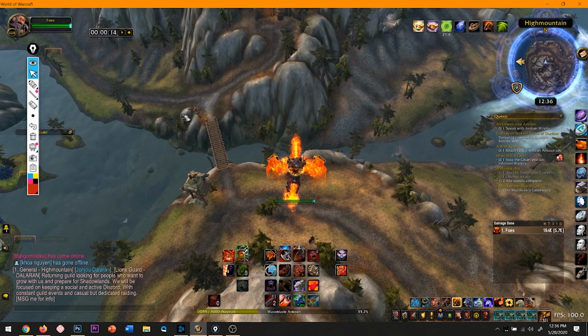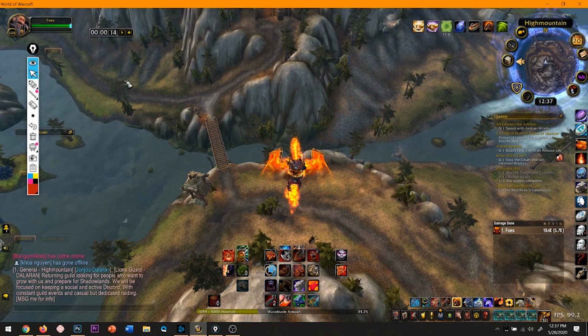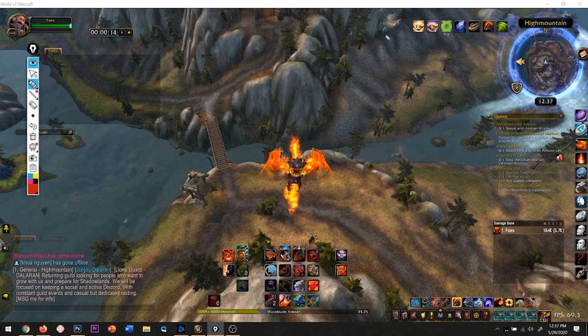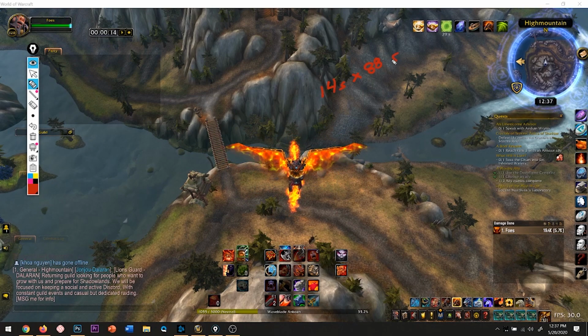So if we do some math here, figure out how far that is in feet. So let's go over here. So that's going to be 14 seconds times 88 feet per second.